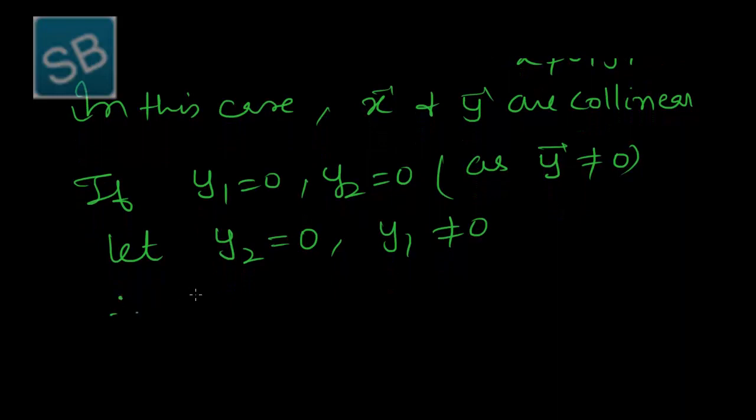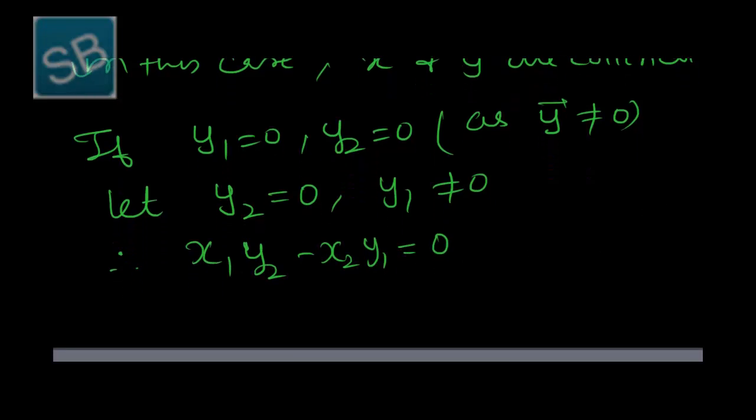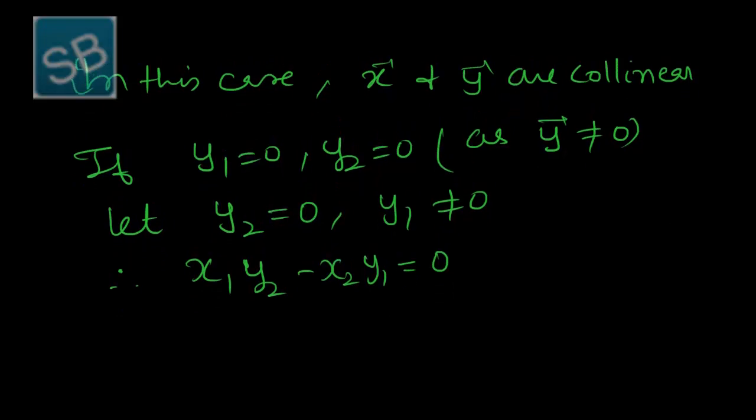Therefore, the given equality x1 y2 minus x2 y1 is equal to 0 becomes, by substituting y2 is equal to 0, x2 y1 is equal to 0.